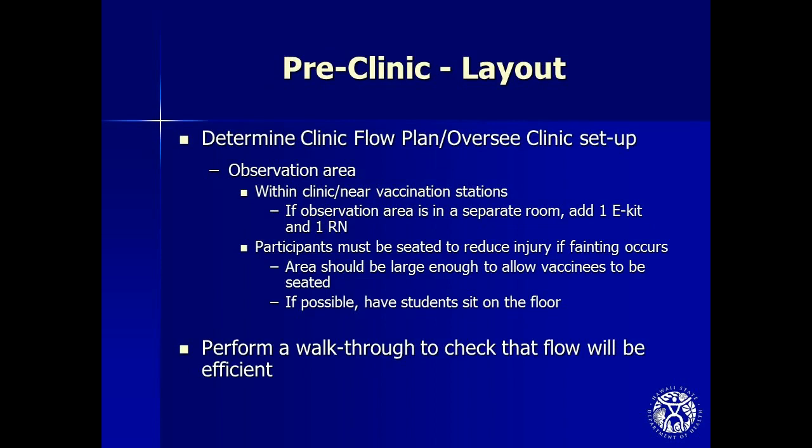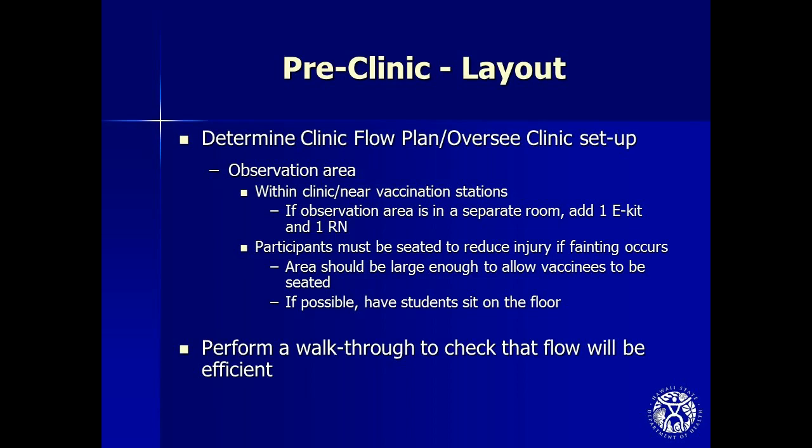The clinic manager will look at the space provided by the school, determine the clinic flow plan, and oversee the setup of the clinic. The observation area should be within the clinic, near the vaccination stations, and within sight of the clinic manager. However, this isn't always possible. If the observation area is in a separate room, make sure to add one emergency kit and an RN to that observation area.